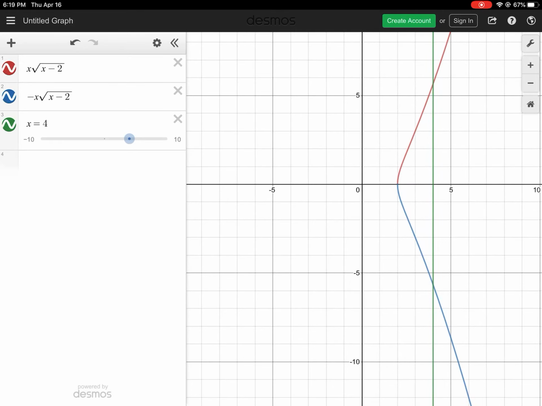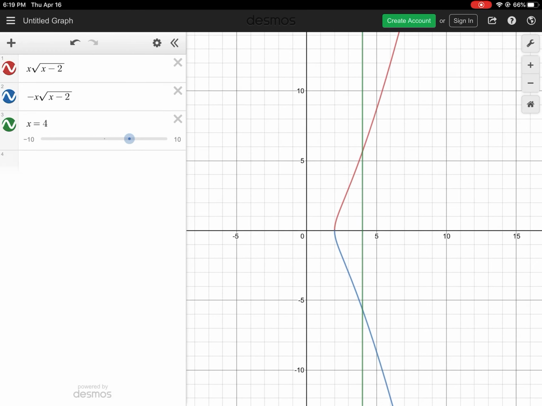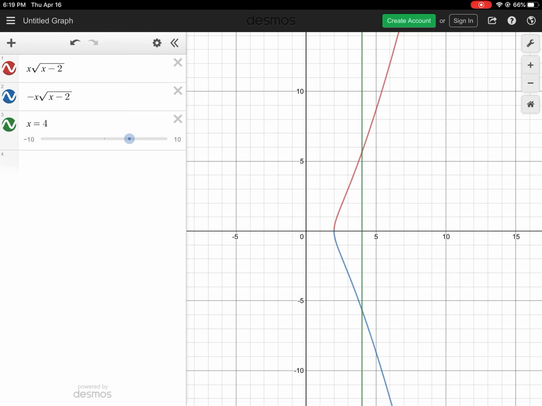So we can see the space that we need. It's basically the bounded space between the red top function and the blue bottom function, the green line, and then right here, essentially the vertices of both red and blue.